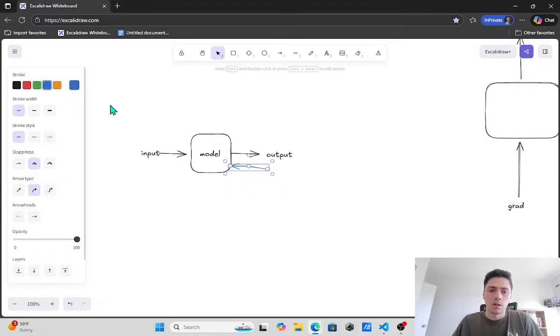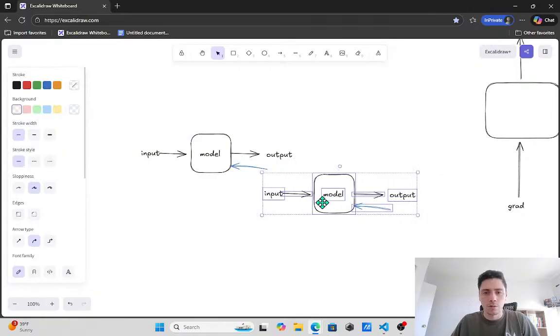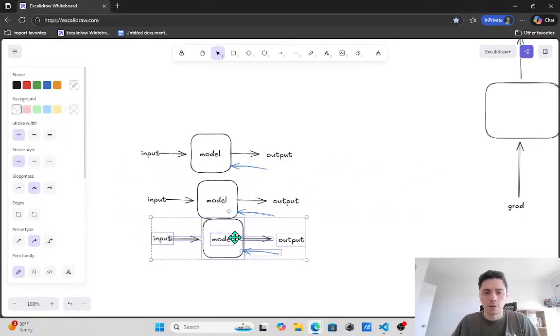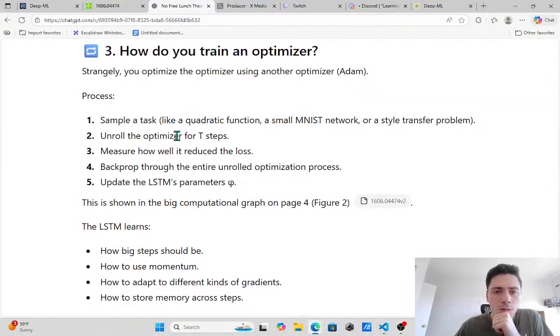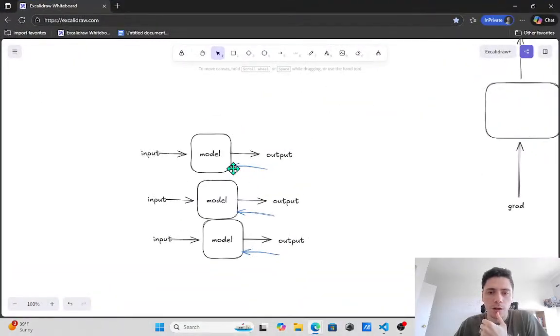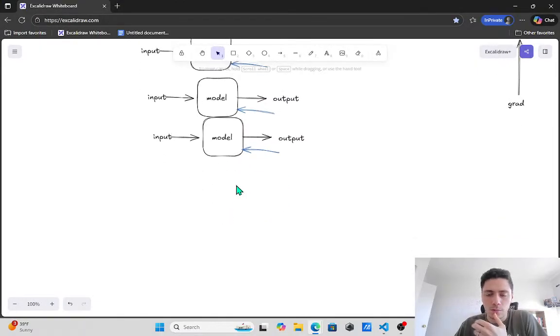So I'm guessing we do this a whole bunch of times, and each step, we're optimizing it more and more. Let's see. So we measure how much this optimization can improve the loss.